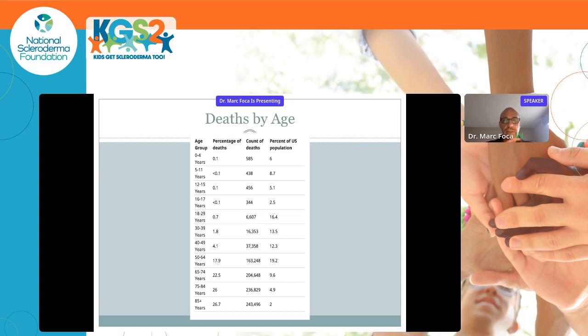And this is just a numerical view of that. So you can see that as of the beginning of this week, there were about 2,000 deaths in the age range of birth to 17 years of age, and that is far, far lower than the mortality seen in older age groups.